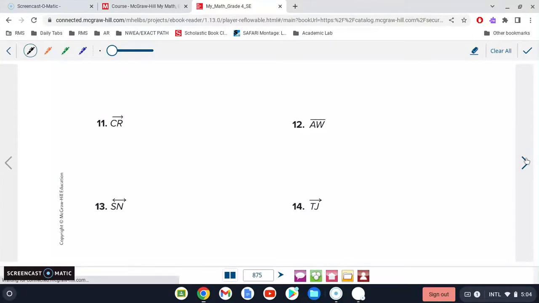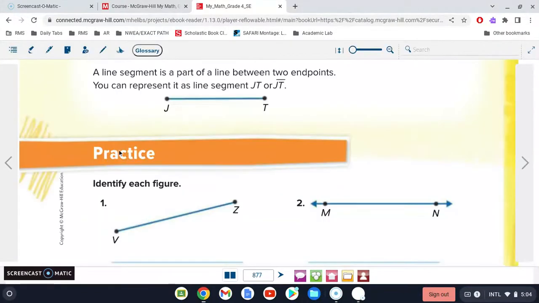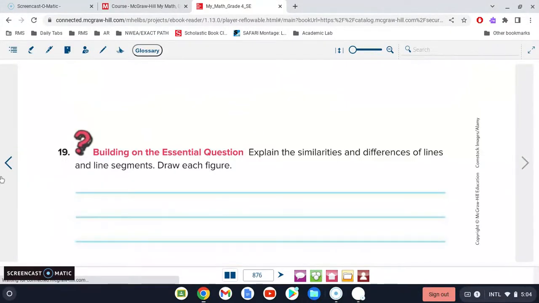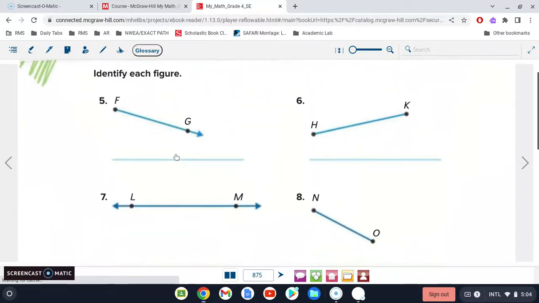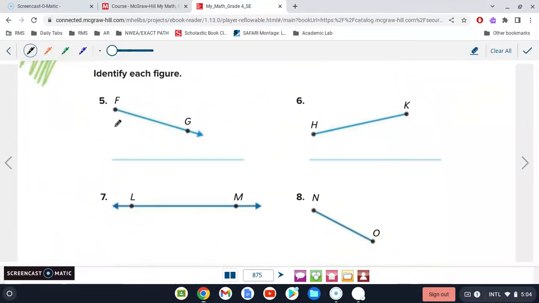Okay, so you guys have done those. So let's go over those. This was 5, ray FG. So you should have just had an arrow on one side and then FG. Number 6 was line segment HK.